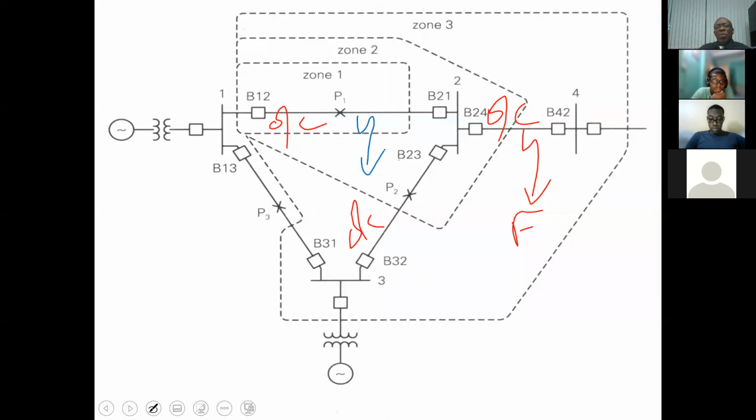Now, the fault was originally between 2 and 4, right? And what we would have loved to operate, based on what Mr. Buchanan said, and he's correct, is the relay that's handling 2 to 4. But tomorrow, we have a fault at H. Which relay is going to operate now?